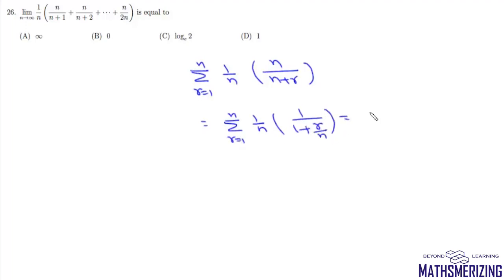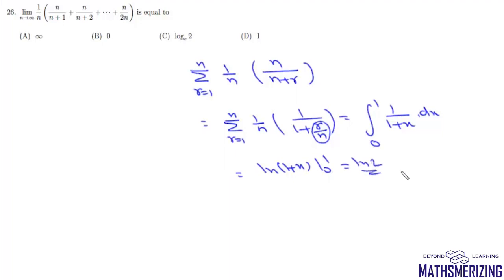Now we'll replace this summation with the integral sign. We'll replace r by n with x. So it'll be 1 upon 1 plus x, and 1 by n is nothing but dx. Now limits: when r is 1, it is 1 by n, which is 0, and then n upon n is 1. So it'll be simply log(1 plus x) from 0 to 1, which is nothing but log 2. So the value of this limit is log 2, and that's your option number C.